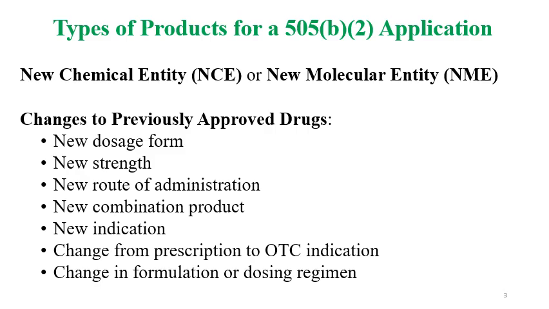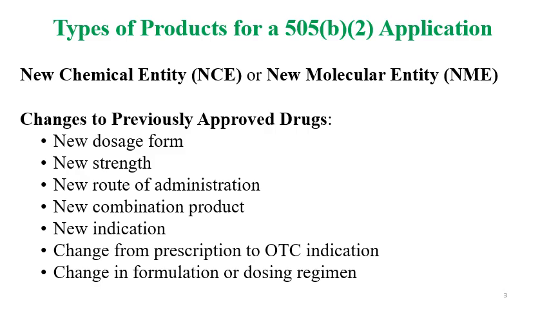So what are the changes to previously approved drugs? Some changes can be made to the previously approved drugs, and this changed type of NDA is known as 505(b)(2) application. So what are the changes? New dosage form.